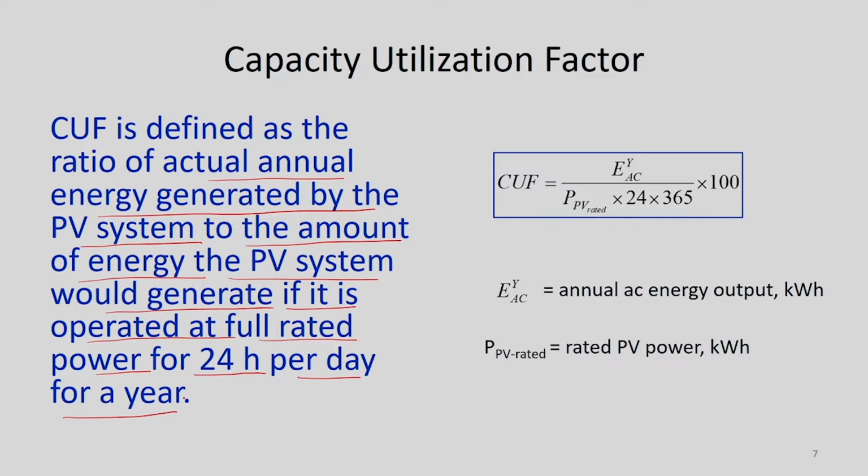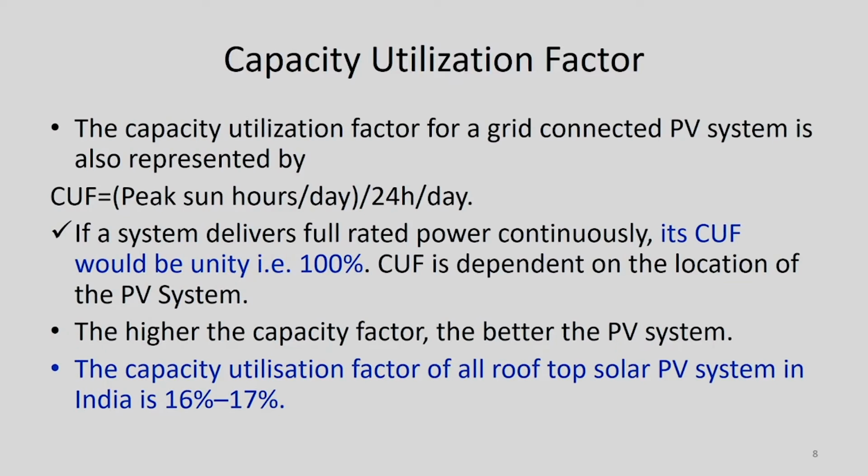So, mathematically this can be represented by E_AC,Y, that is annual AC energy output, to the rated power output multiplied by 24 into 365, and of course, you can multiply by 100 in order to make it a percentage. So, this is the expression by which you can calculate capacity utilization factor.